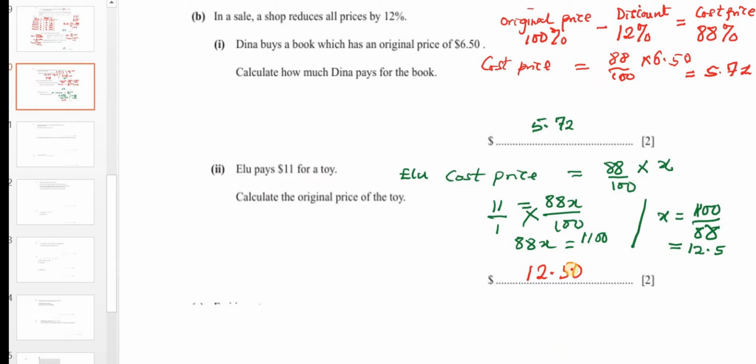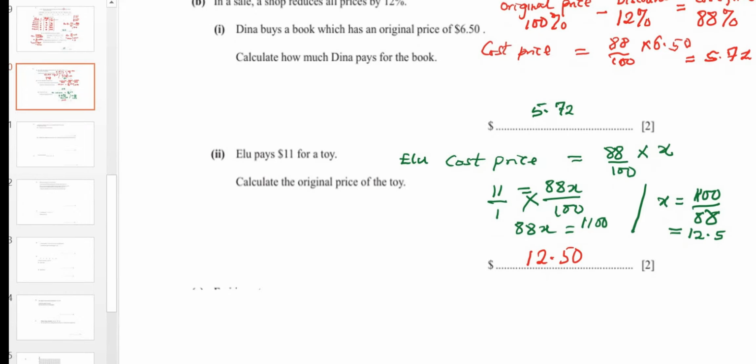So that's what is tagged on the product before the discount of 12% reduction, and finally Elu was allowed to pay $11 for the product.